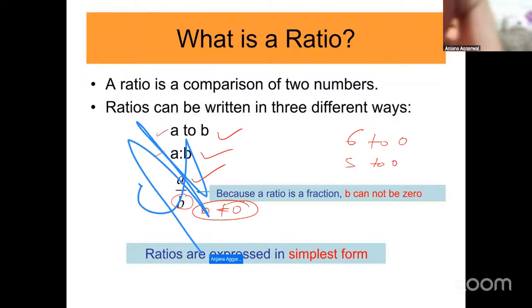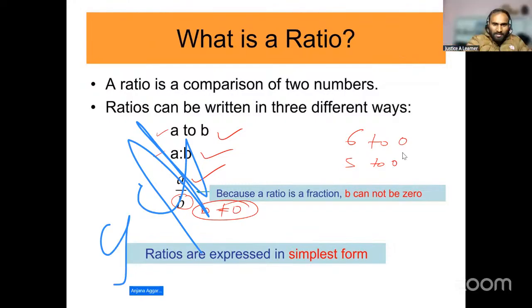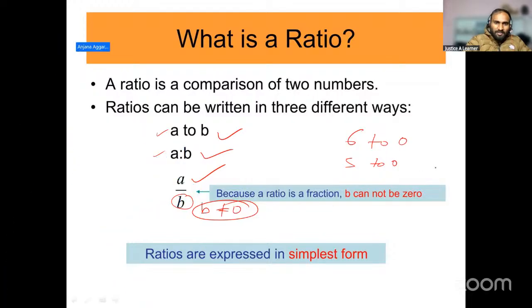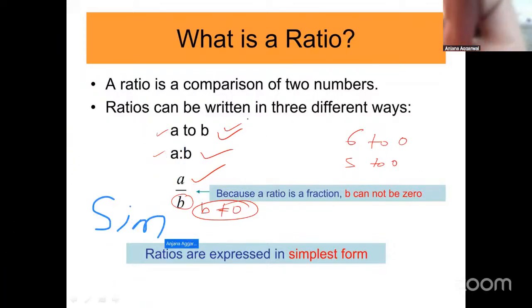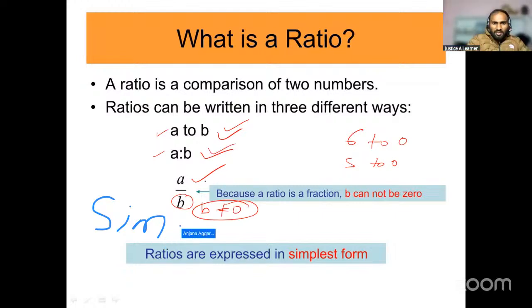Ratios are expressed in simplest form, so you have to simplify. We can read it as A to B, A ratio B, or A over B, A by B, or A upon B. All are ways to read it.